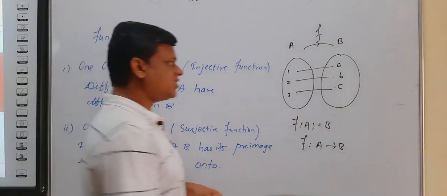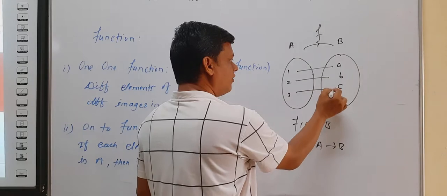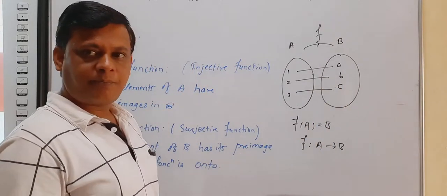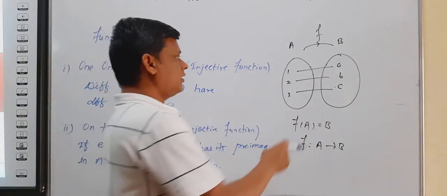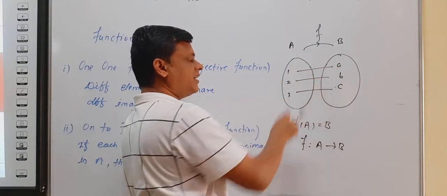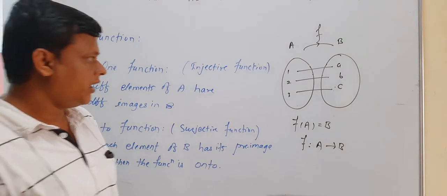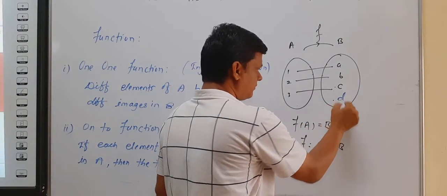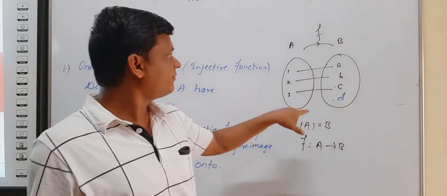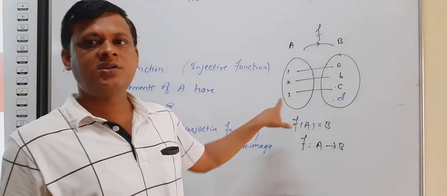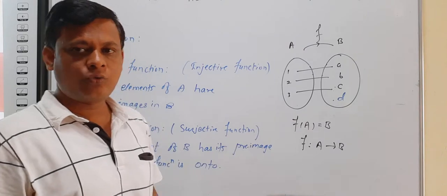That means each element of B must have a pre-image in set A. So if we consider this example, this is an example of onto also. If we consider here d, then d has no pre-image in A. So this is not an example of an onto function.